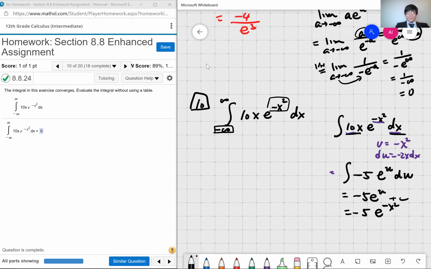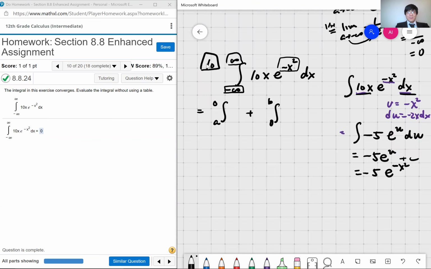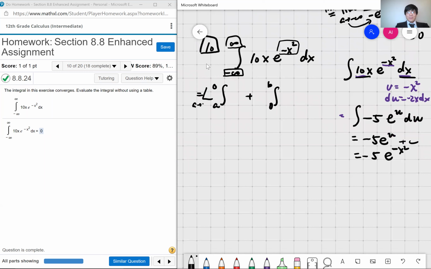Since this is an improper integral, we have to split it into a through 0 plus 0 through b, and we are going to take a limit later. So this is going to be negative 5 e to the minus x squared, a through 0.